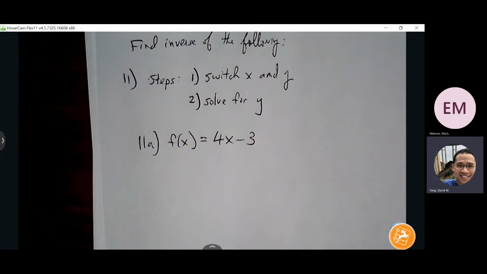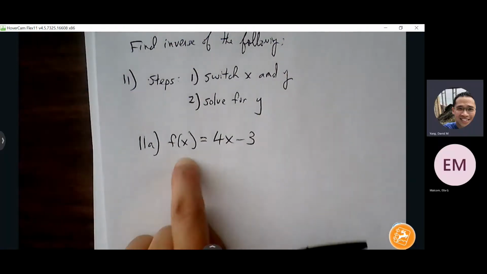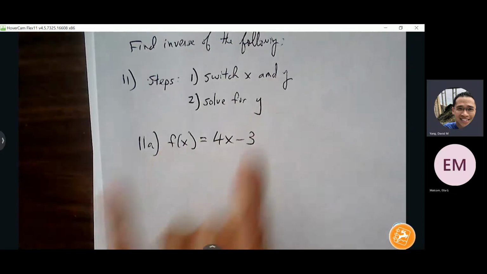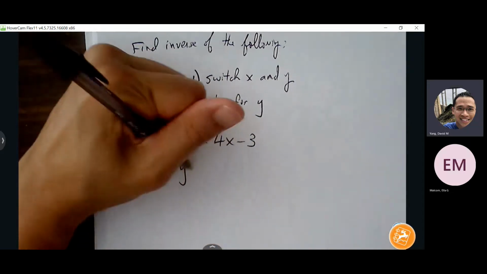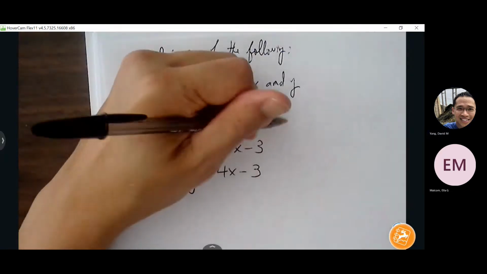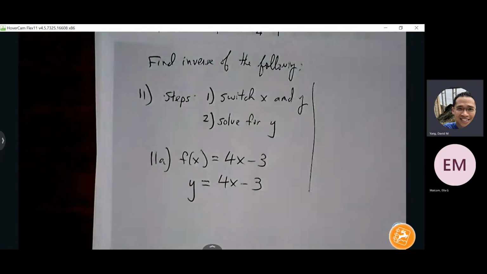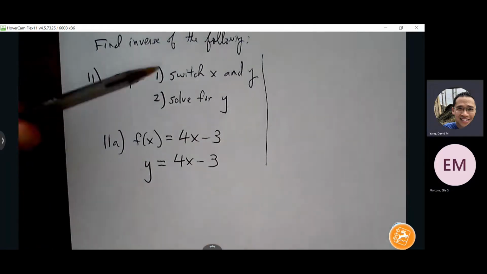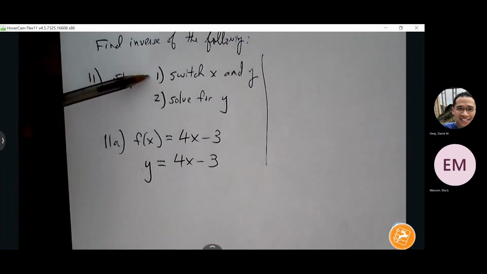Okay, so we start off with f of x equals 4x minus 3. If you see f of x, that's another notation for y. So just to make it easier, let's say this is y equals 4x minus 3. So let's follow our steps. What will this look like after I take step 1?